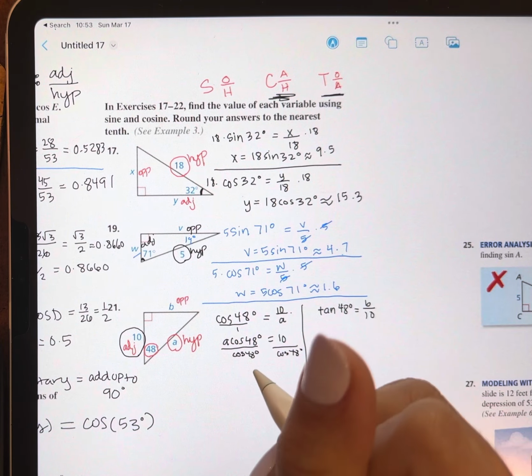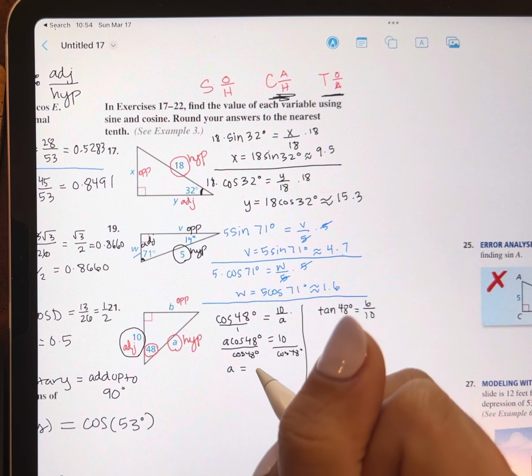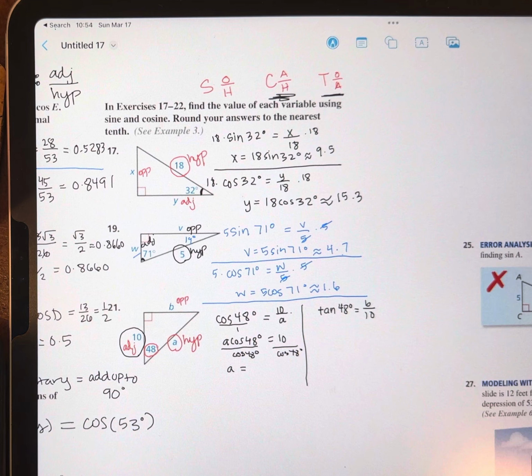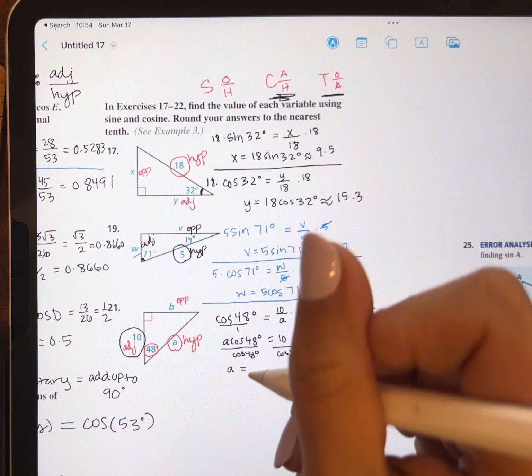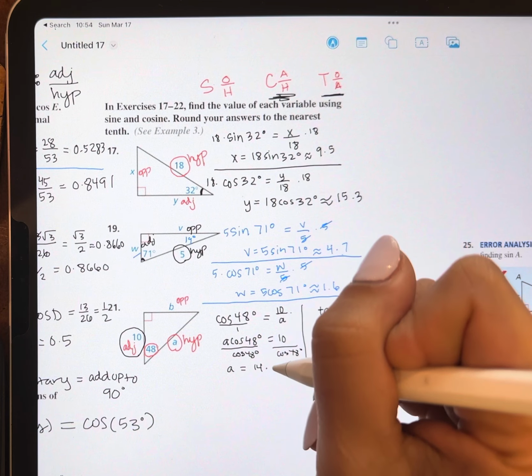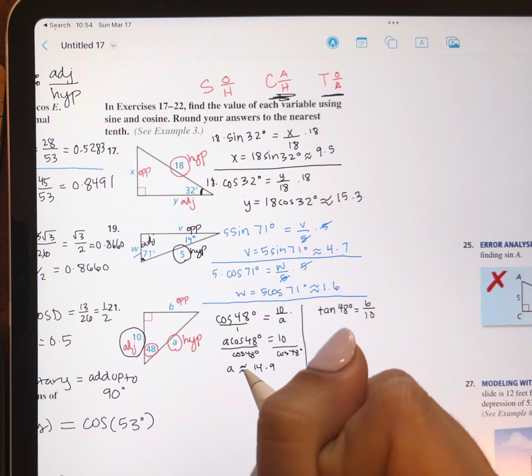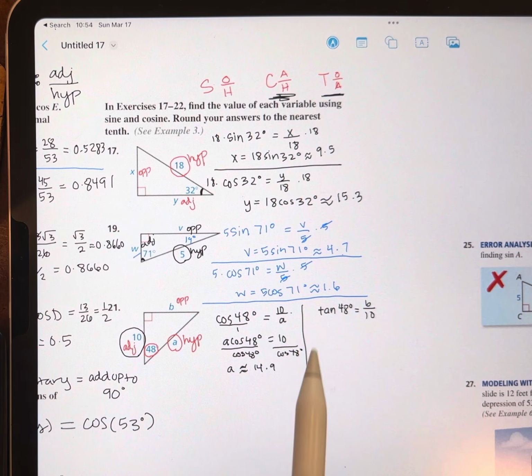We divide both sides by that, and we get that a equals 10 divided by cosine of 48. So 10 divided by cosine of 48 is 14.9. So we got approximately 14.9 for a using cosine.